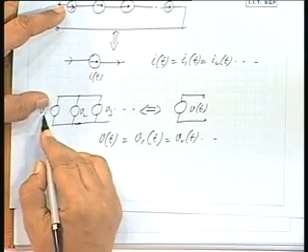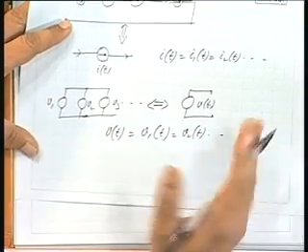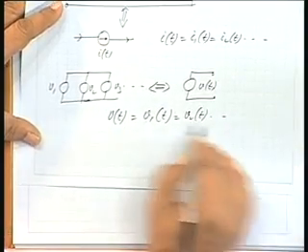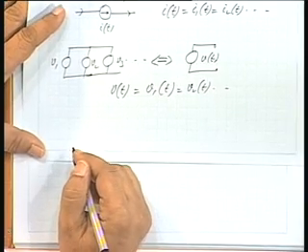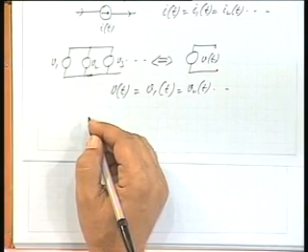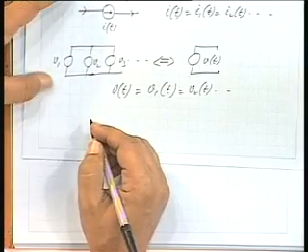And I am not always writing V1T, V2T, the argument is dropped, it is understood. This means V1T, V2T, V3T and so on. It may be constant, it may be varying with time, but they must be identical. So, this is all about series and parallel connections of current sources and voltage sources.